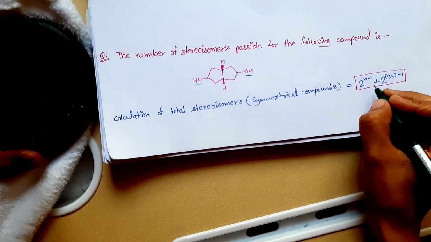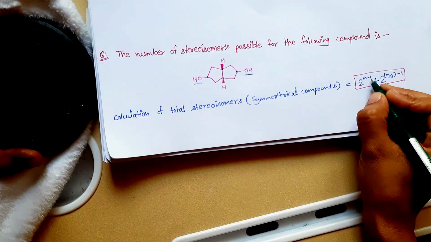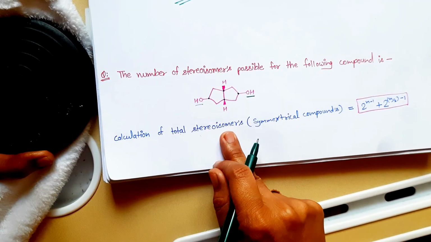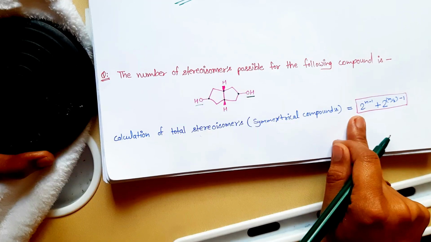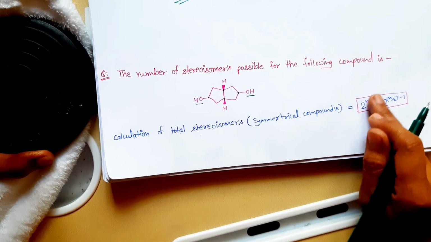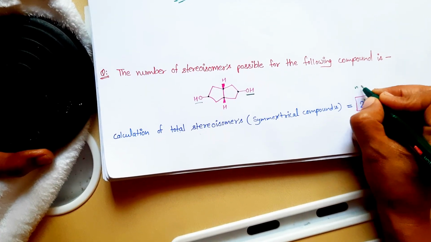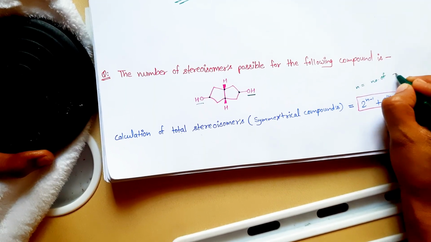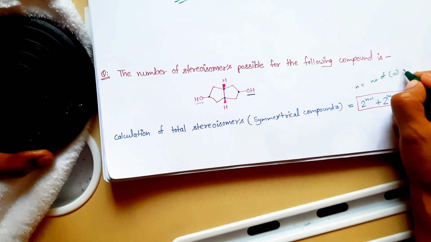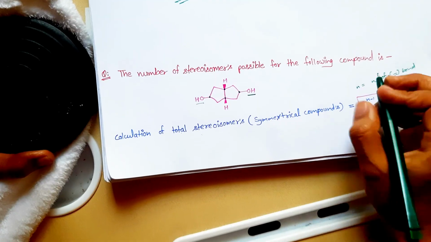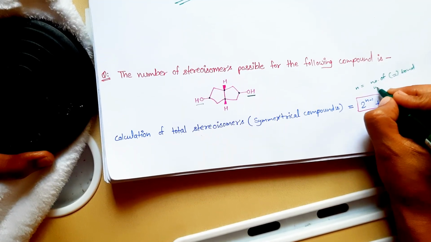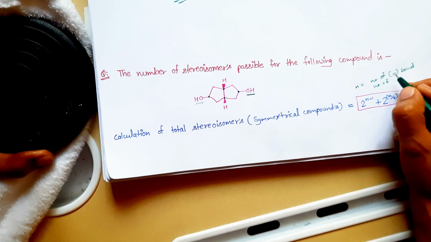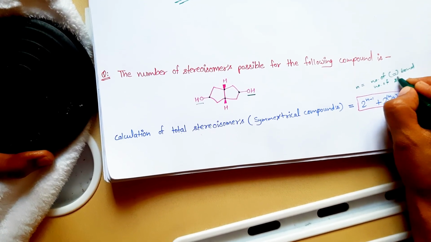Here n is equal to the number of stereoisomers. We can find the total number of stereoisomers with this formula. Here n is equal to the number of double bonds if they mention them, or the number of pseudo chiral centers or stereo centers.